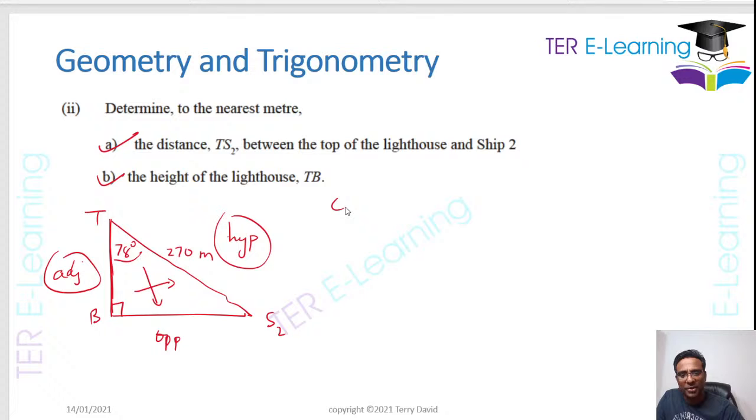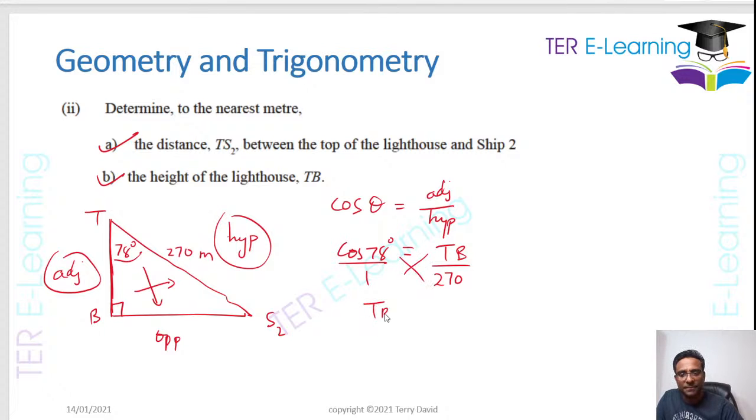So therefore what I'm going to use is not the cosine rule, I'm going to use the cosine ratio. So cos theta is actually adjacent over hypotenuse, right? So cos 78 degrees is equal to my adjacent, which we don't know, so that's TB, divided by my hypotenuse, which is 270, right? We're going to write the cos 78 as cos 78 over 1, so we can cross multiply.